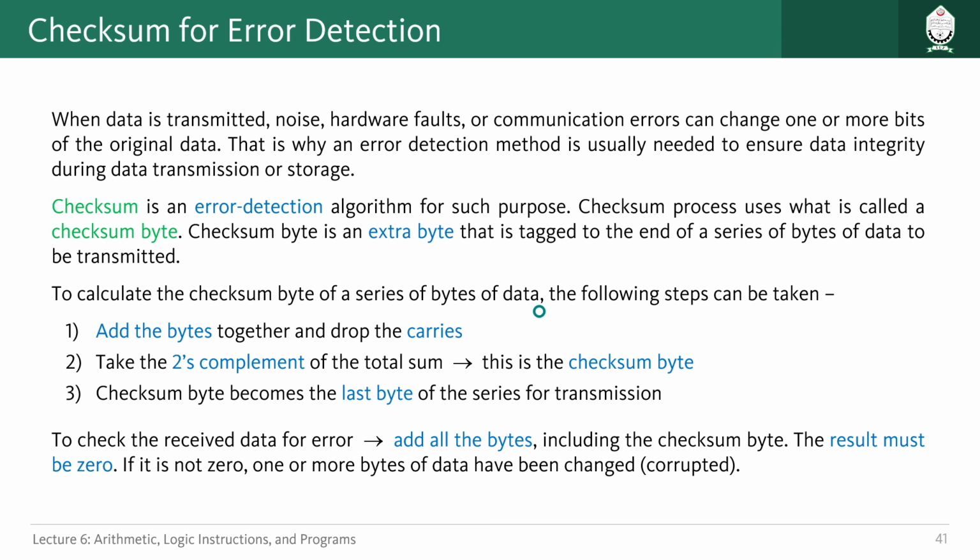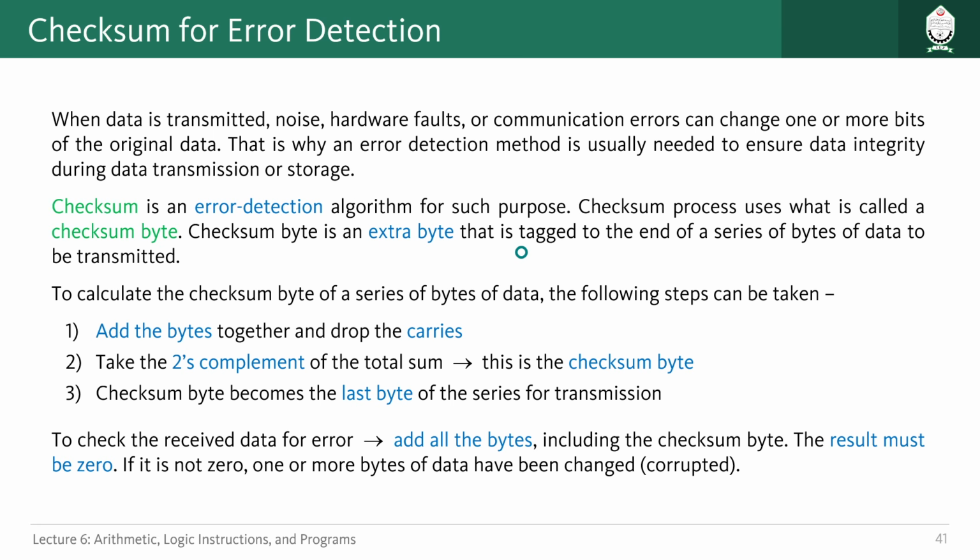So what we do, the checksum process calculates a thing called the checksum byte. This is an extra byte which is tagged along at the back of all the data we want to transmit. How is this calculated? Let's say we want to transmit a series of bytes, say 5 or 6 bytes.